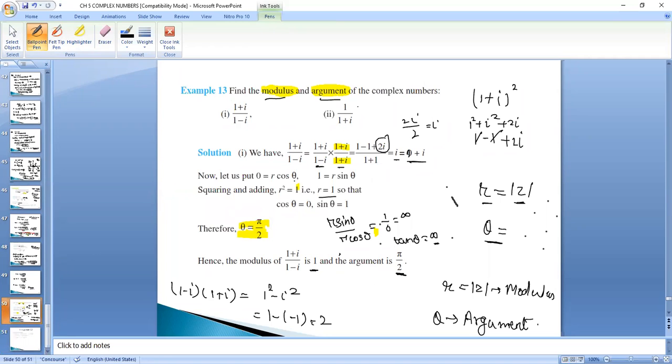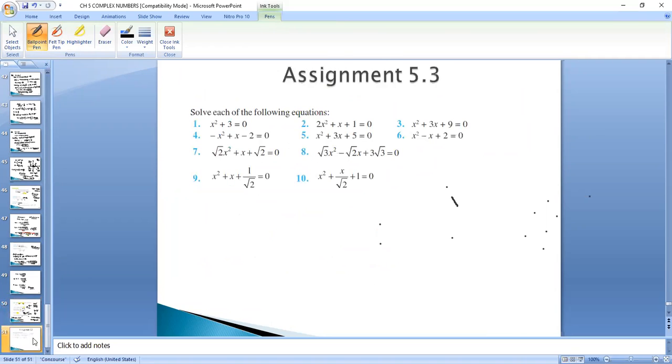Now take your copy and pen and solve this second question. Find the modulus and argument of 1 upon 1 plus iota. Then from your NCERT book, you have to solve this exercise, right? This is exercise 5.3 of your NCERT book. If anyone is not having book, I will send you a book also. So these are the questions from the quadratic equations, right? So all are easy.